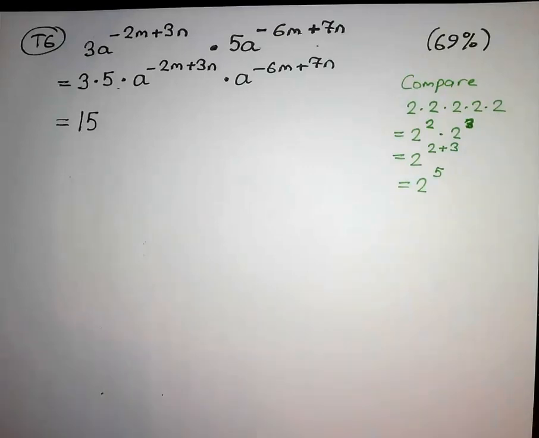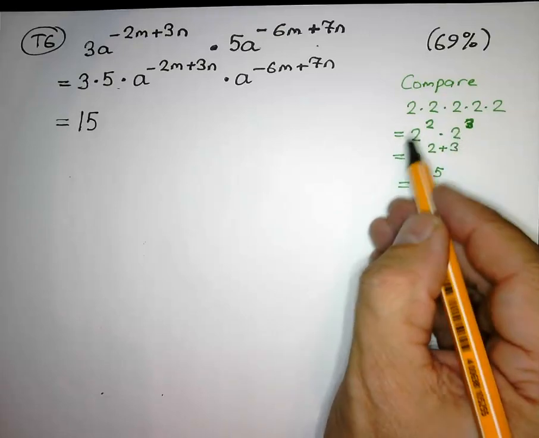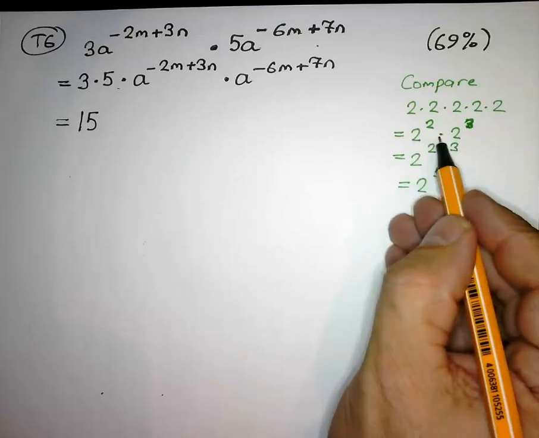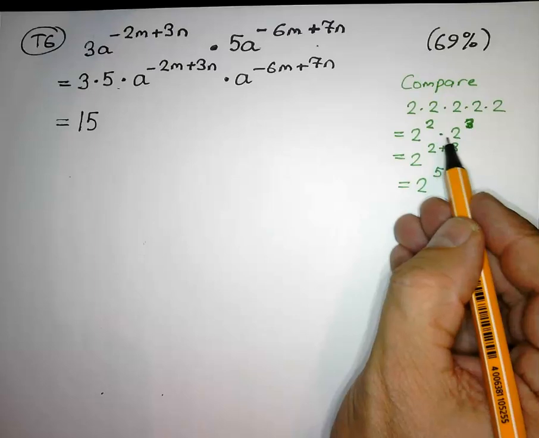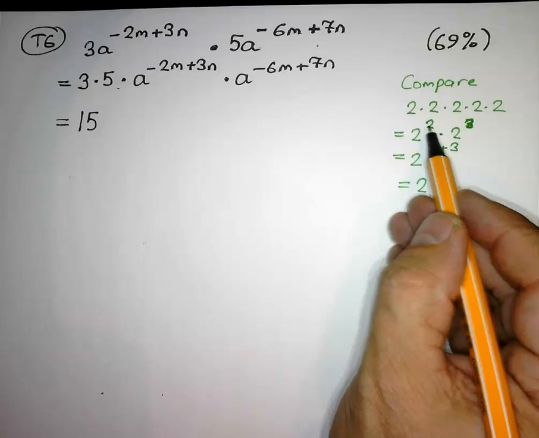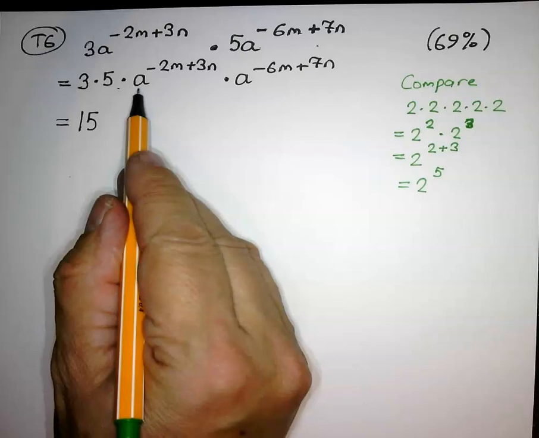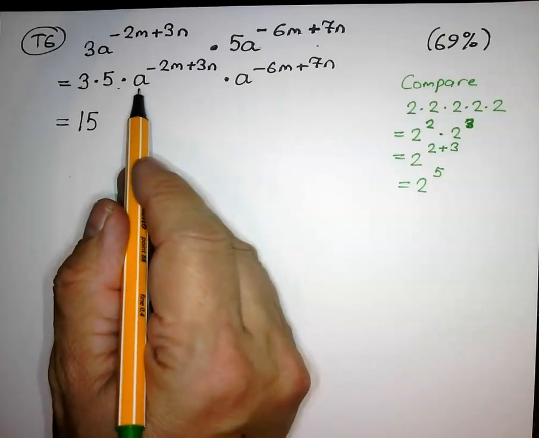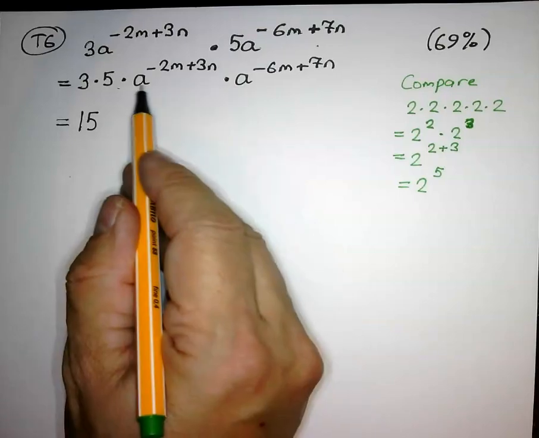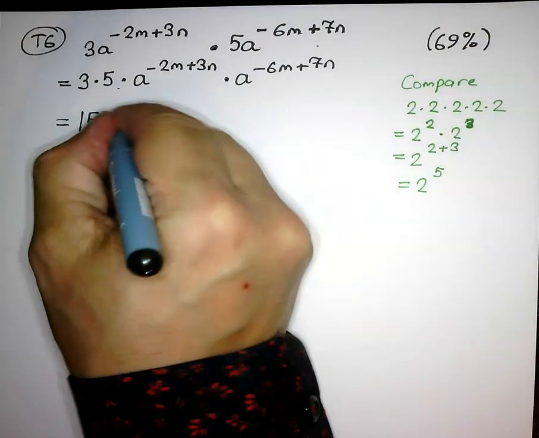What I wanted to say is that if you have the same number here, 2 and 2, and they are multiplied with each other, then you can add these exponents, 2 plus 3. And here we have the same situation. We don't have 2 there, but we have the same letter there, so we may use the same rule.